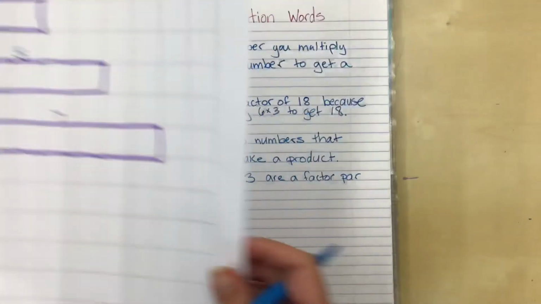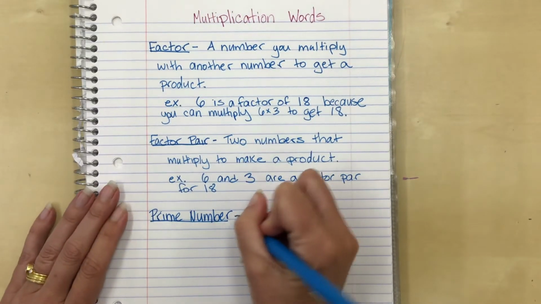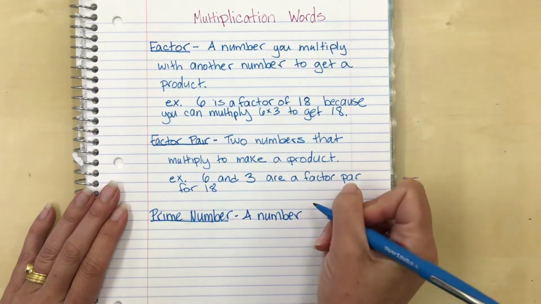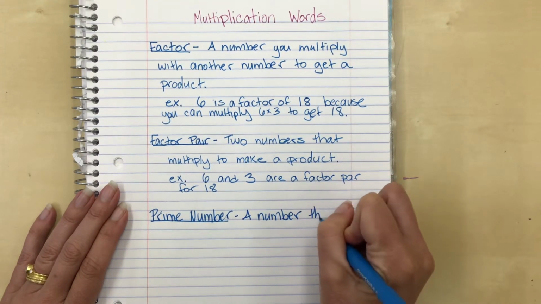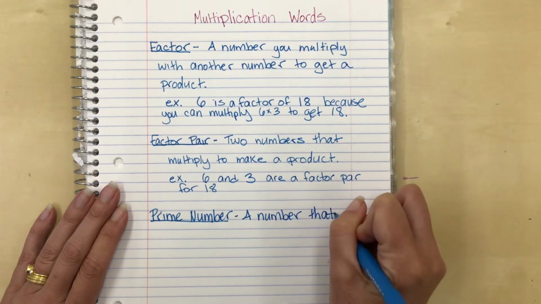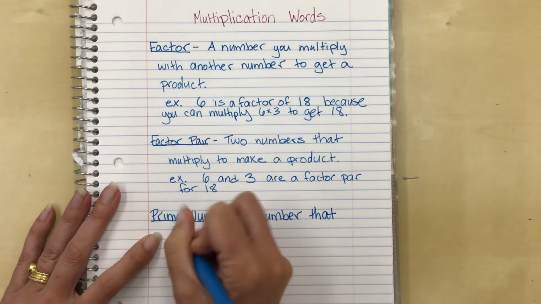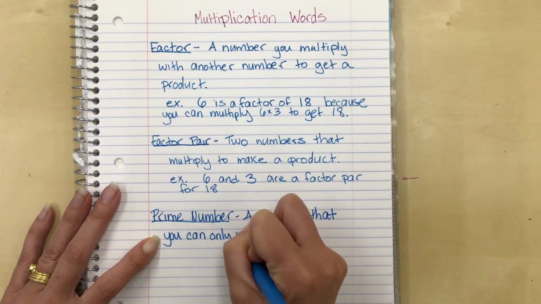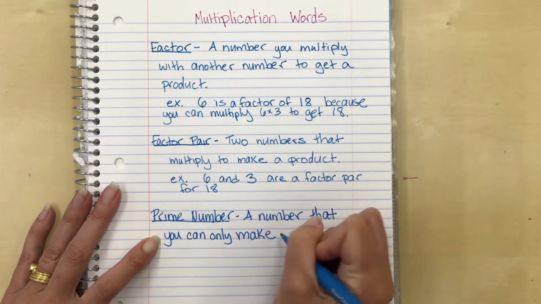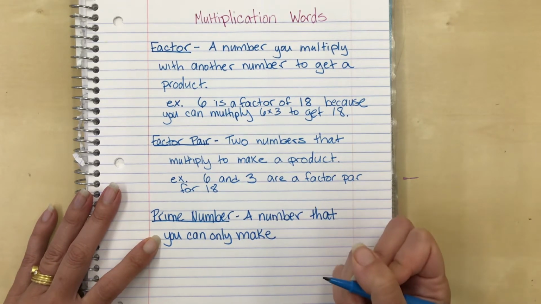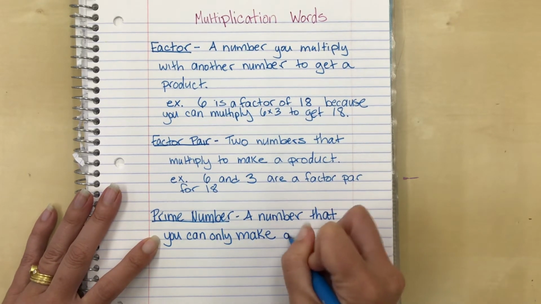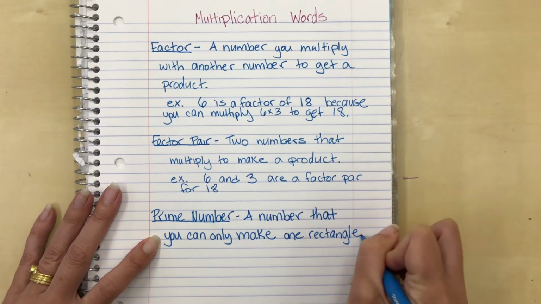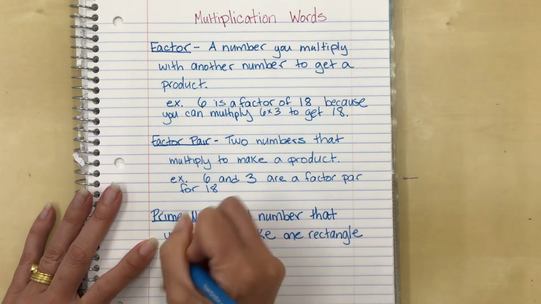So we're going to write a number that you can only make one rectangle, because it only has two factors.